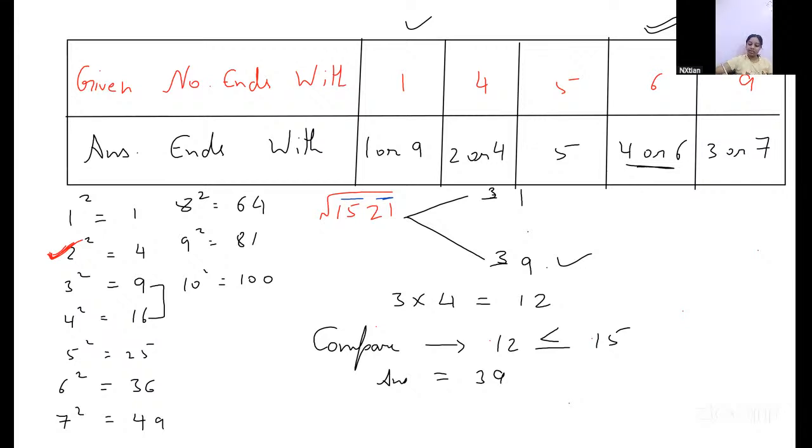Now, the statement that I want you all to write is: when the product is bigger, mark a star and write this down. When the product is bigger, take the smaller number.